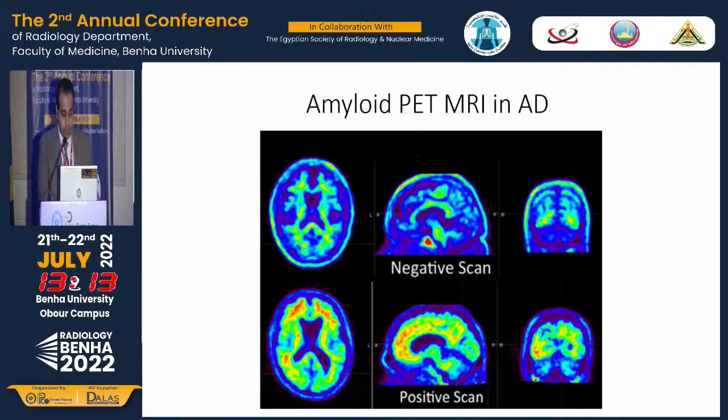The second tracer is amyloid, and the principle here is different because we detect positive uptake. We are targeting amyloid plaques, and these plaques are targeted by the amyloid plaque tracer. So the first row is a negative scan with no uptake, and the lower row with frontal uptake is a positive scan.